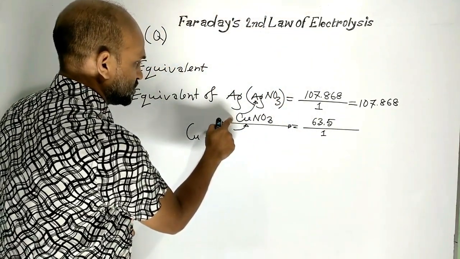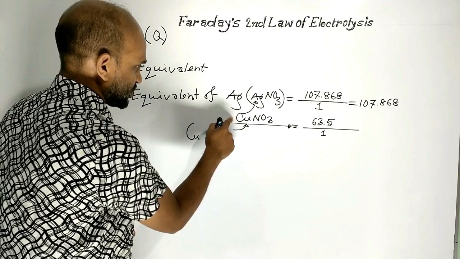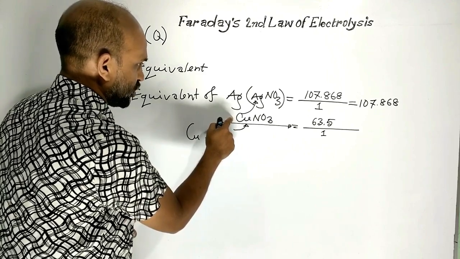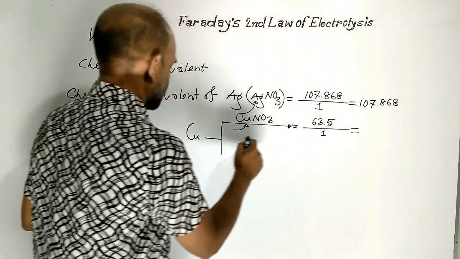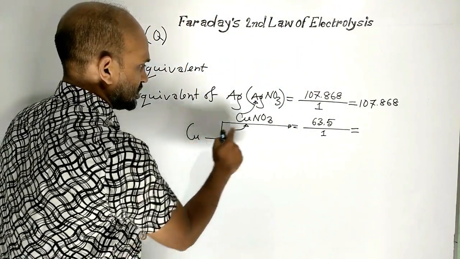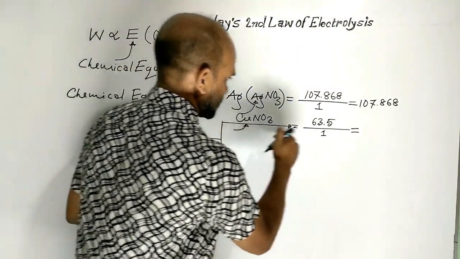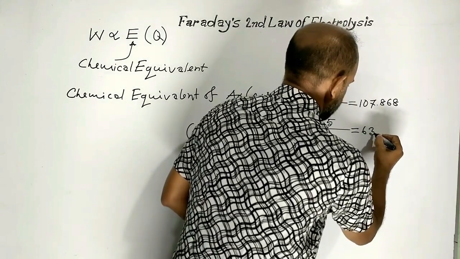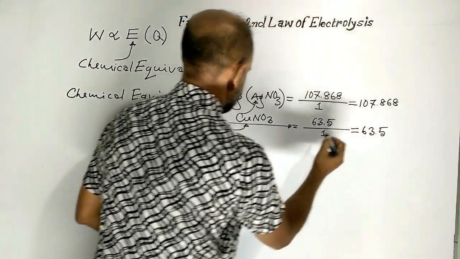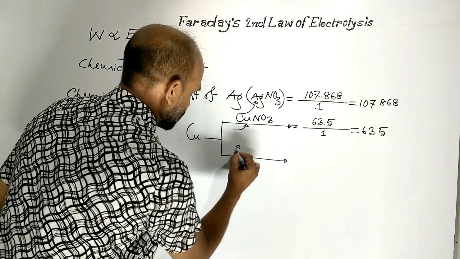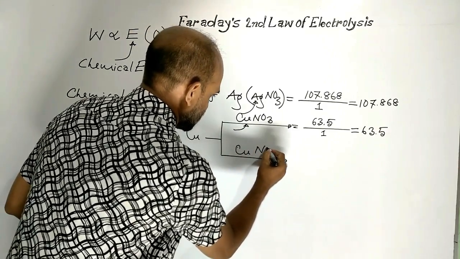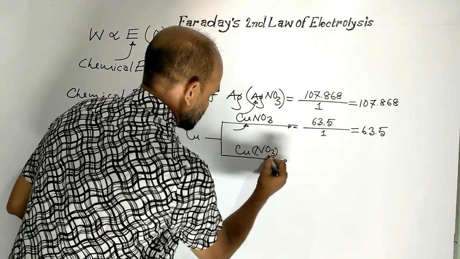In the compound cuprous nitrate, valency of copper is 1. So here the chemical equivalent of copper in cuprous nitrate is 63.5. Again, chemical equivalent of copper in cupric nitrate.